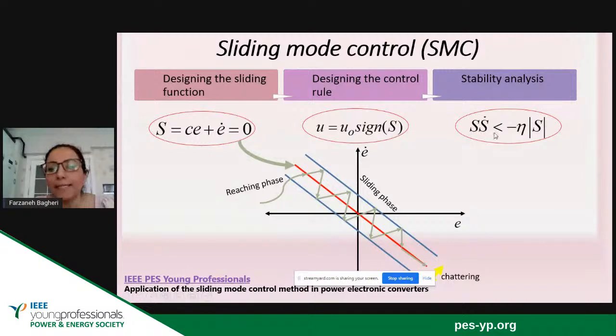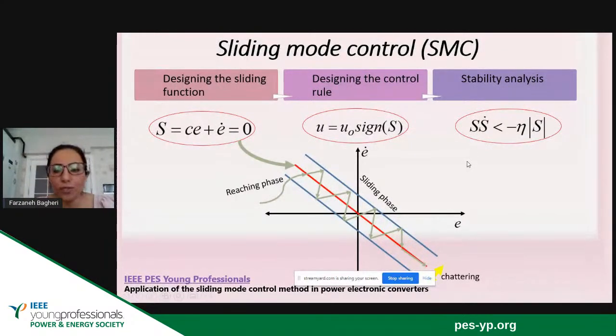What is this stability analysis? S times S dot should be less than minus eta magnitude of S. Eta magnitude of S is a large positive magnitude. So it is saying that S times S dot should be less than a very large negative value. I will talk about this stability analysis later and how it works.